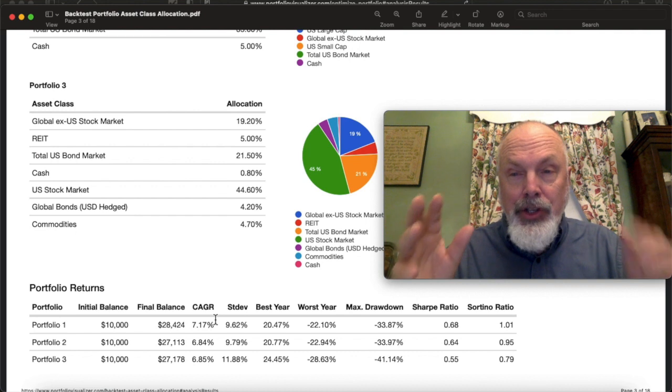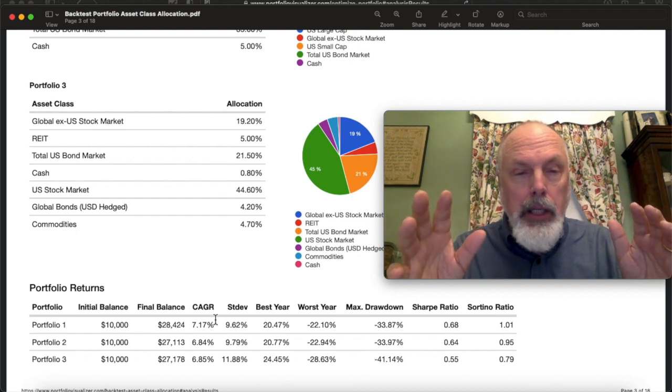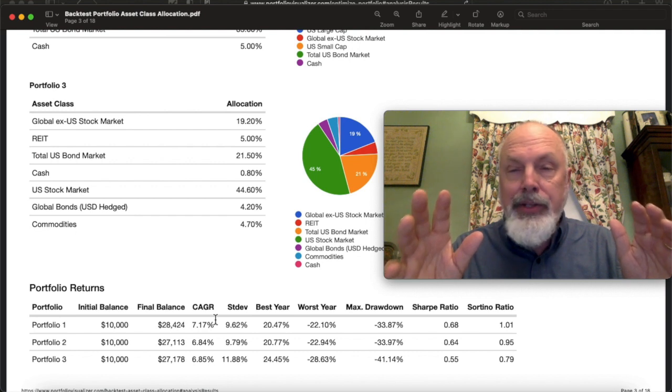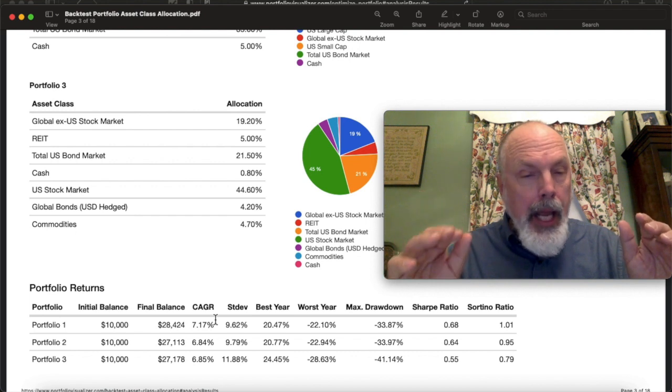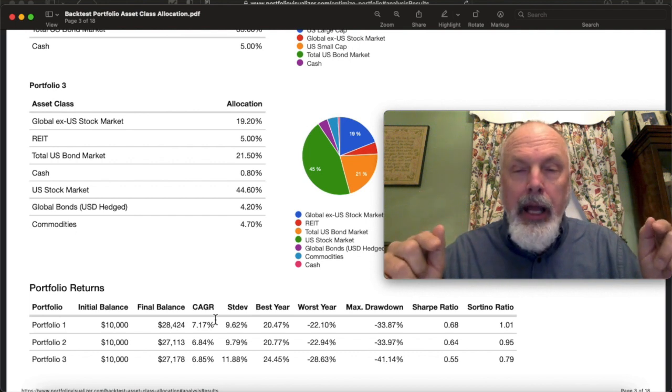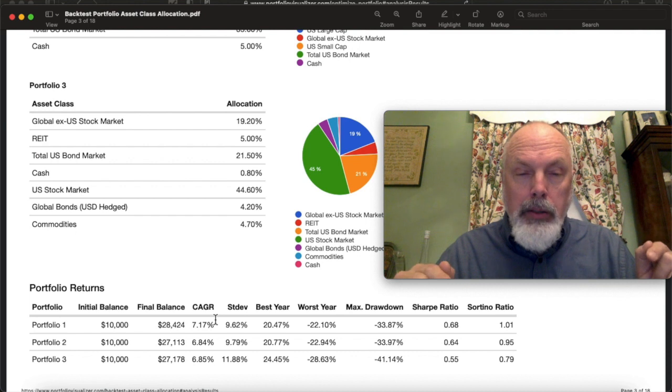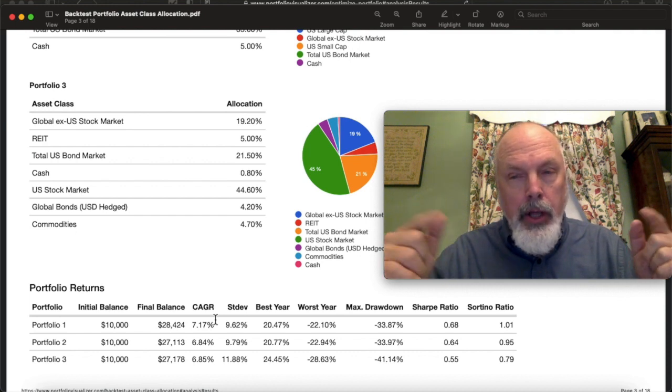It suggests that the target asset allocation that I'm aiming for gets you a CAGR of 7.17% with a standard deviation of 9.62. And the alternatives have CAGRs that are lower and standard deviations that are riskier.